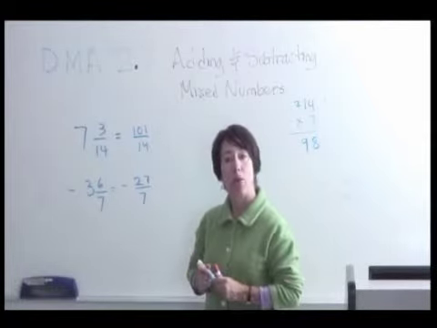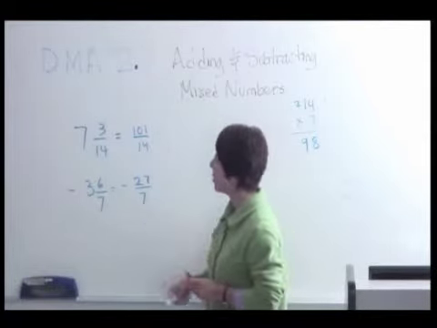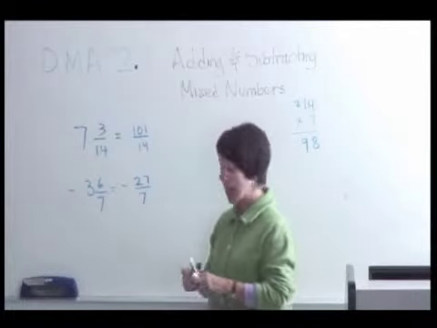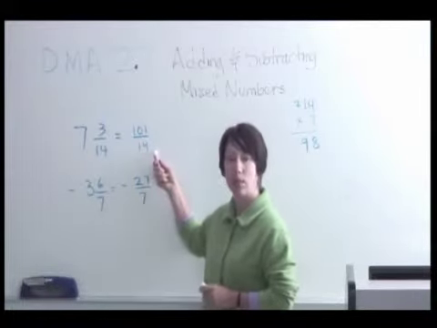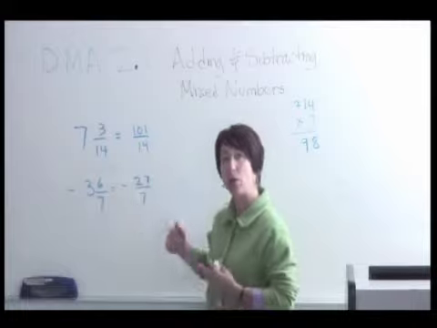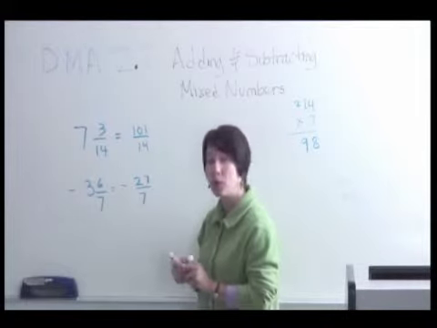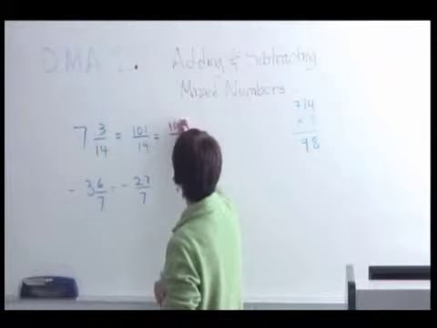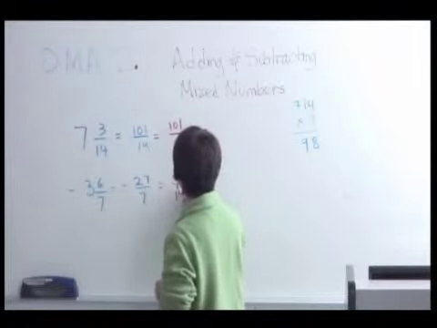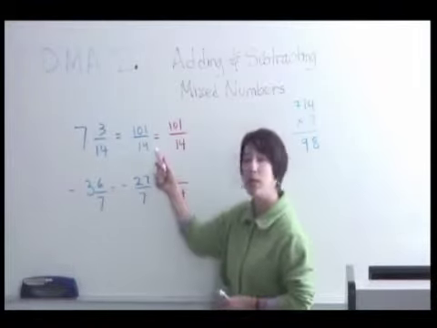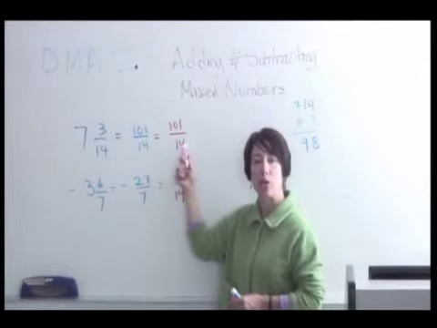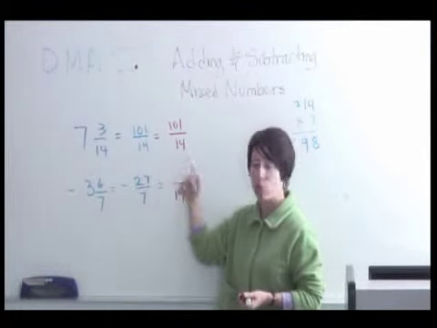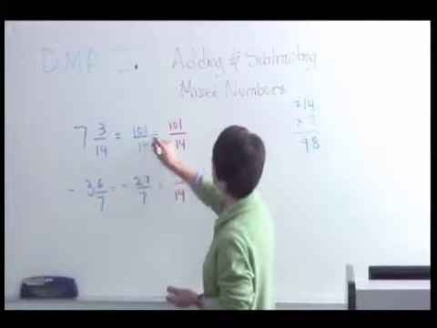Okay, now we look at these denominators, 14 and 7, and we can tell by inspection that 14 is going to be our least common denominator. It's the smallest number that both of these go into. So I'm going to rewrite, and here my fraction doesn't change because to get to 14 from 14 we just multiply by 1.